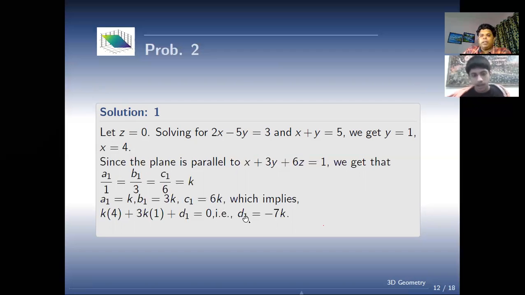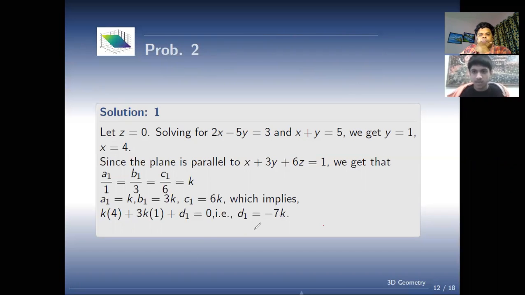So we get d1. Here a1, b1, c1 and d1 are part of the parallel plane that we have to find. You're okay with it now? Should I annotate a little bit more? No, I got this one.